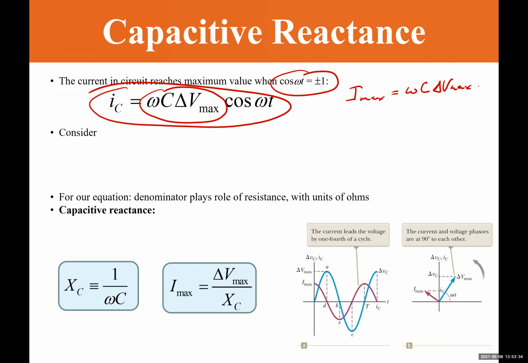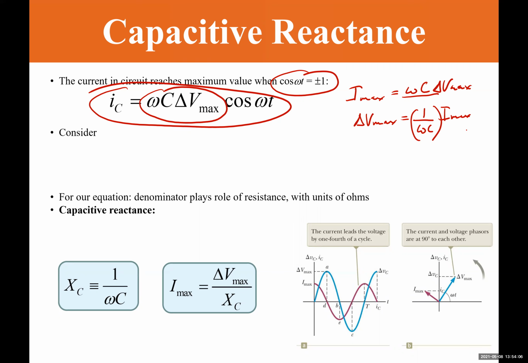Looking at how these are related, delta V max equals, rewriting Ohm's law, I max times the resistance in the circuit when there's now a capacitor. If I divide both sides by omega C, you can see that I end up with omega times C.